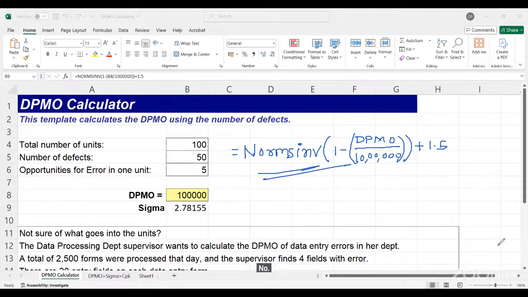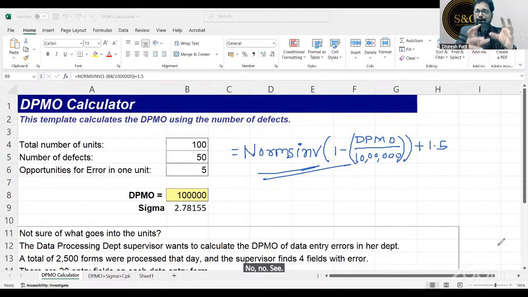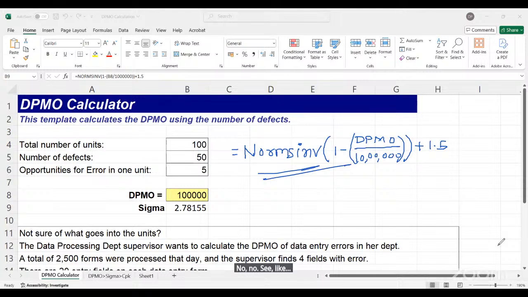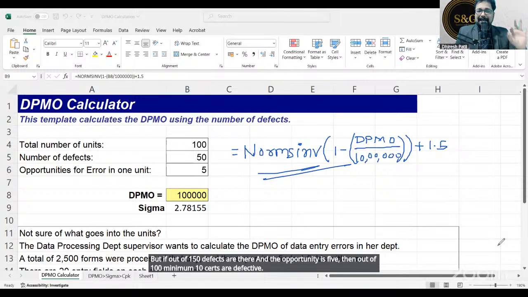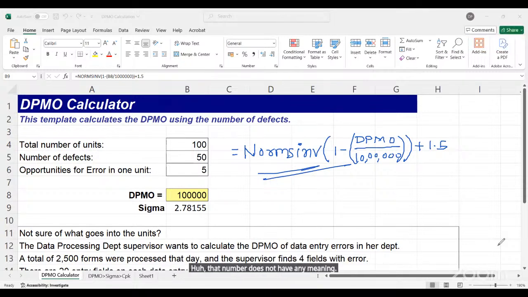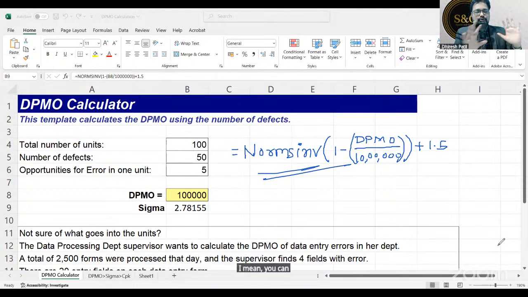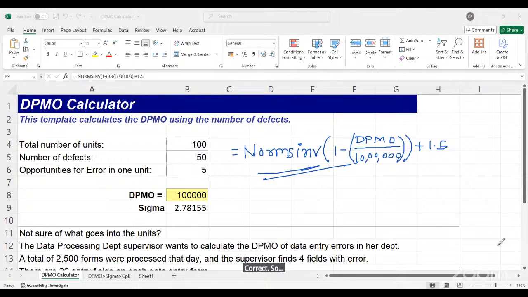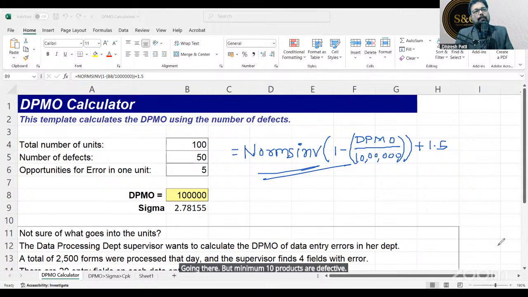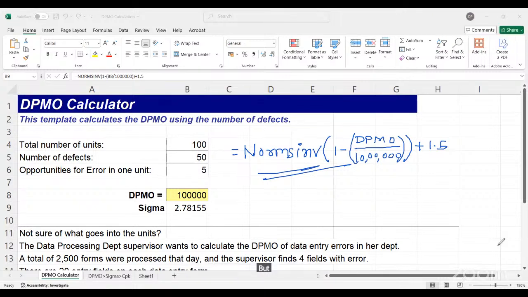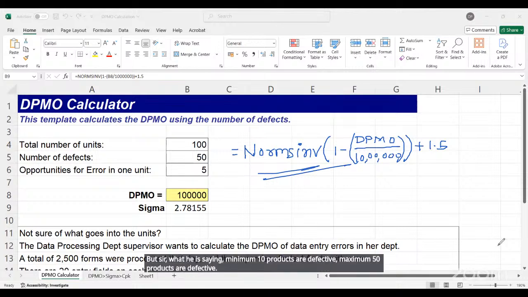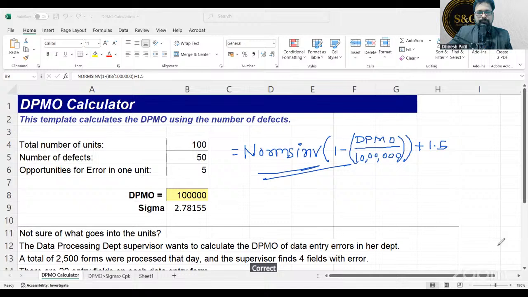Understand this: the opportunity is 5, and out of 100, a minimum of 10 shirts are defective, with 50 defects. But that number could be different. If there is one defect per shirt, then 50 shirts would be defective. So a minimum of 10 products are defective, but we have nothing to do with that. But sir, what he is saying is that a minimum of 10 products are defective and a maximum of 50 products are defective, and the data is in between 10 and 50, depending upon the sampling. Correct.